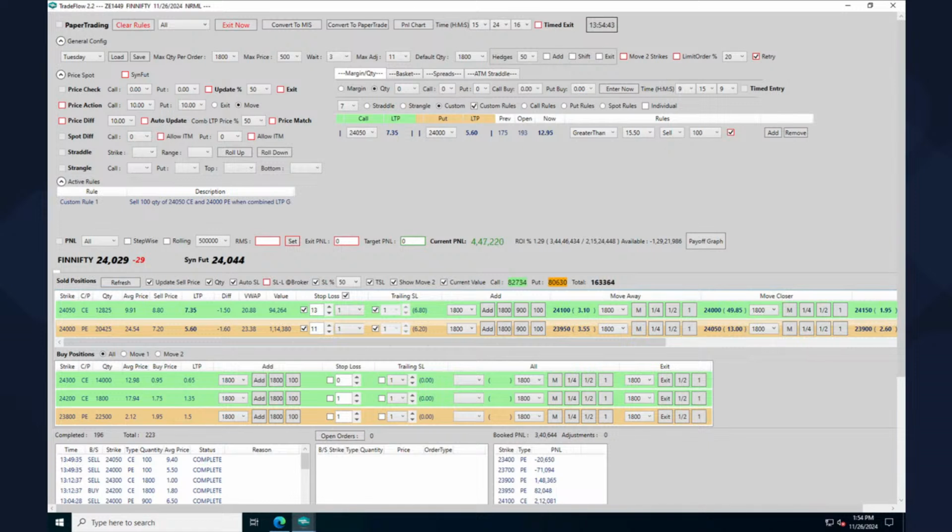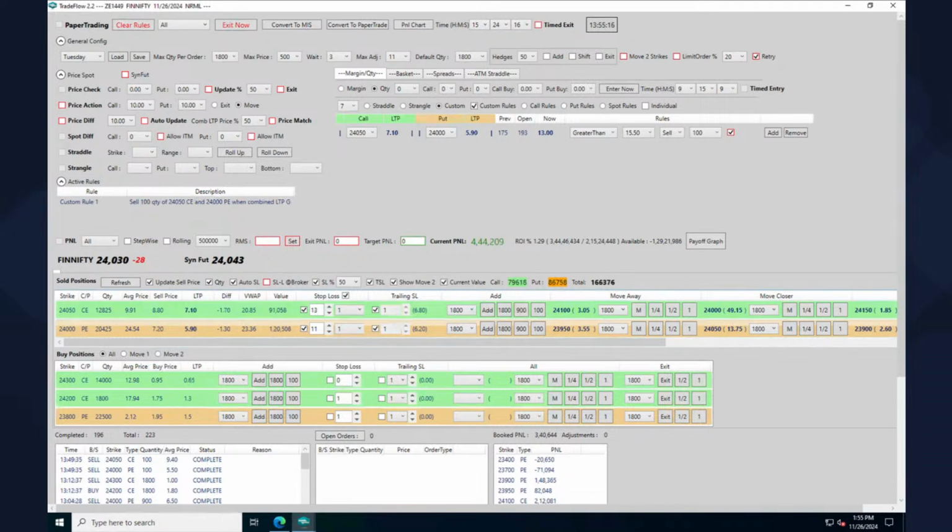So right now, 24,000 PE is pretty much, in my view, unbreakable. The reason is it's close to 1.86 crores as of now. And then you also have the 24,050, which is 1.24 crores. So it's basically 1.86 versus the closest put, which is 1.24.